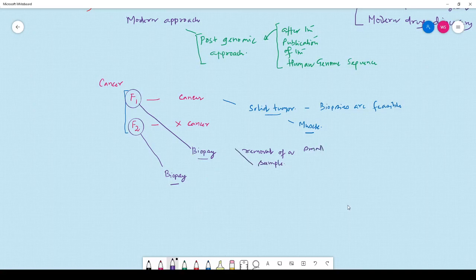So biopsy is done. Let us draw a tube. This is F1's tube, and this is a biopsy sample. This is F2. So biopsy samples are taken.